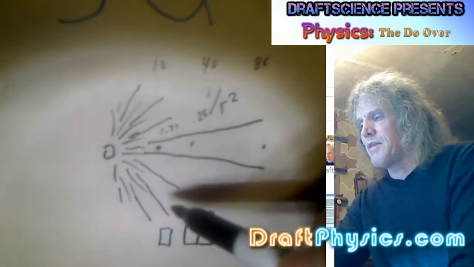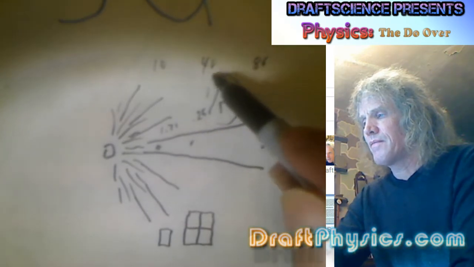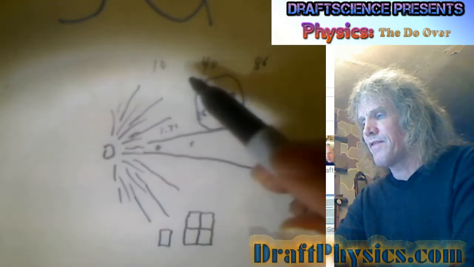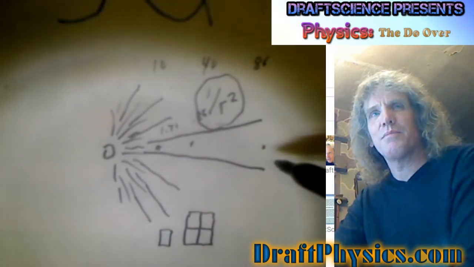So the experiment is essentially impossible if you use the inverse square law, and there's, as I can figure, no reason for the inverse square law to not be used.